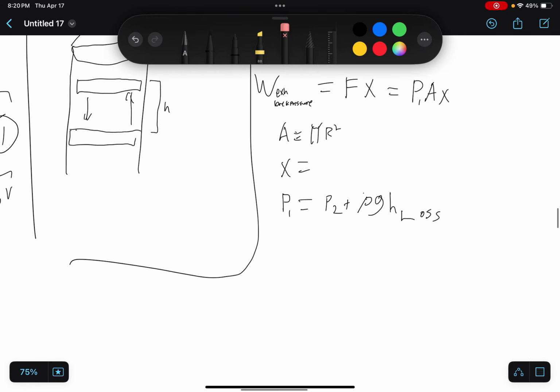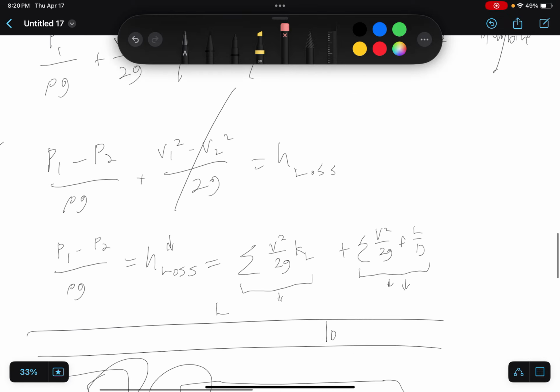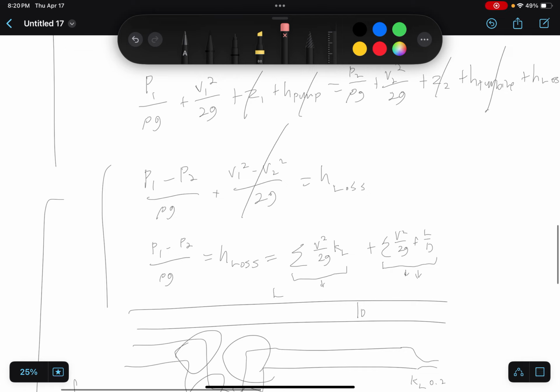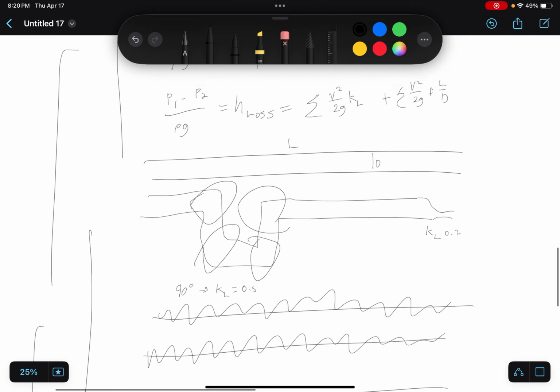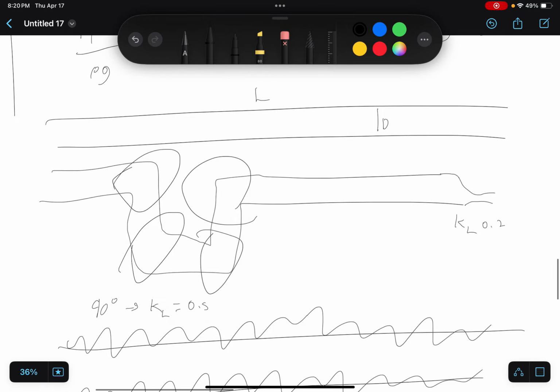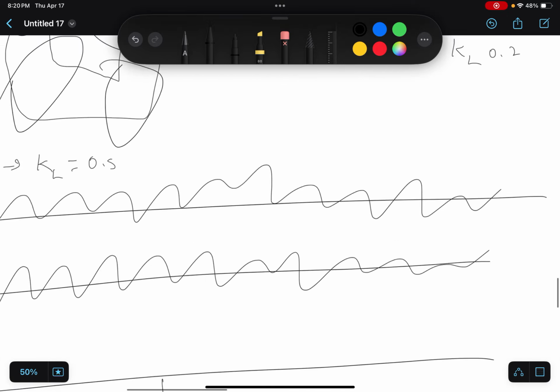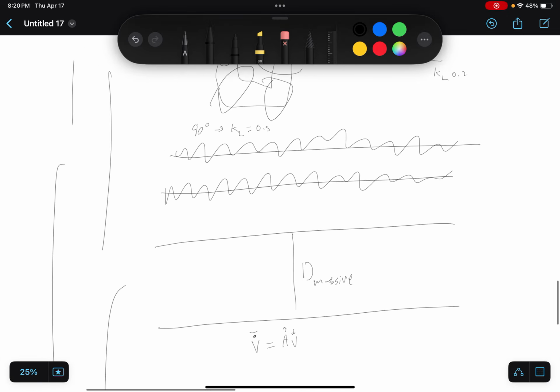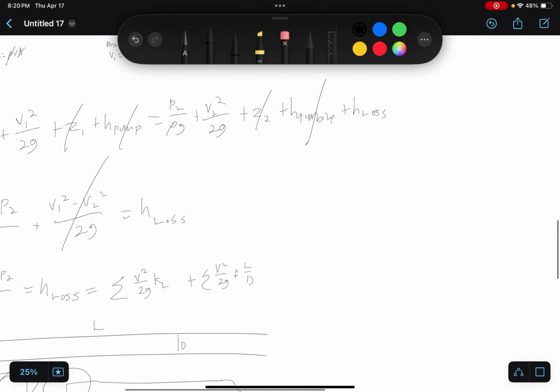Cool. And that means more of your engine's power goes to the wheels, which is what you want. So again, in summary, more bends is bad, more friction is bad, bigger diameter pipe is good.